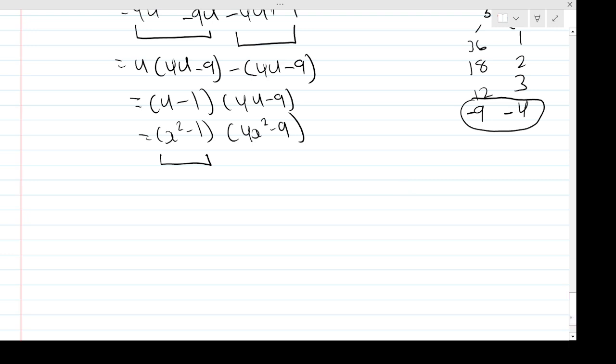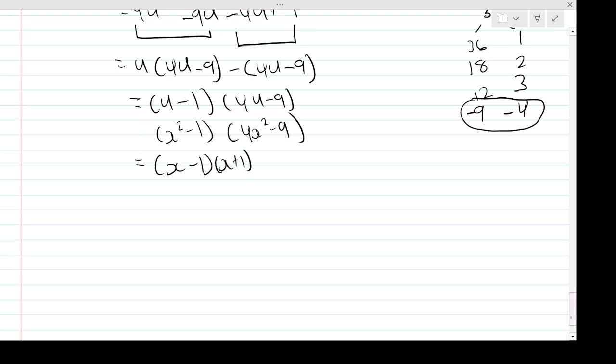And actually, we can factorise it, because these are difference of two squares, aren't they? Both of them actually. So firstly, the x squared minus 1, we've got a difference. Well, x squared and 1 is a square, because x goes into x squared, and 1 obviously goes into 1. So we can say x minus 1, x plus 1 is the factorisation of x squared minus 1.